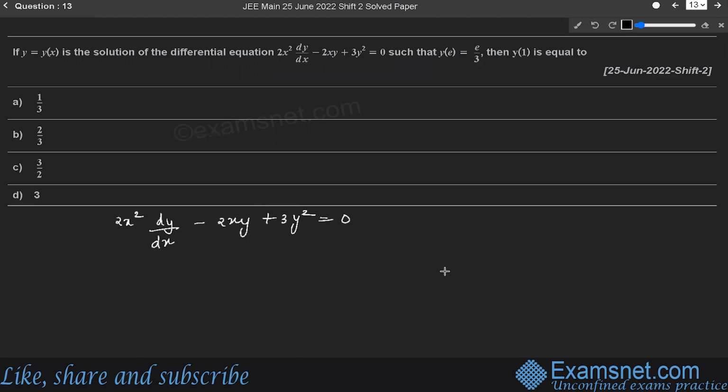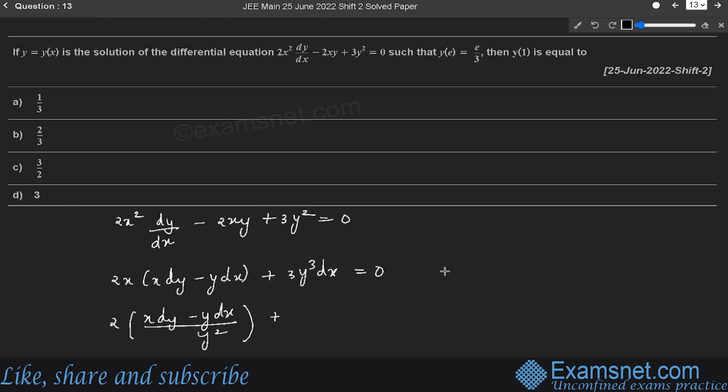So the given differential equation can also be written as 2x into x dy minus y dx plus 3y cube dx is equal to 0. Taking 2 common, this will be x dy minus y dx divided by y square plus 3 into dx upon x is equal to 0.